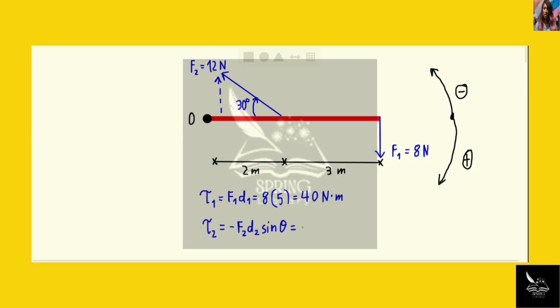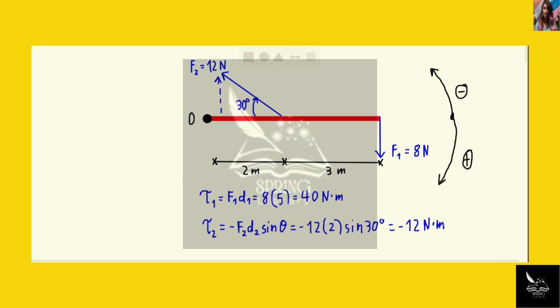So we have to write negative 12 newtons times 2 meters times sine of 30 degrees. And it turns out that sine of 30 is 0.5. So 0.5 times 2 is 1. So we simply have negative 12 newtons times meters.